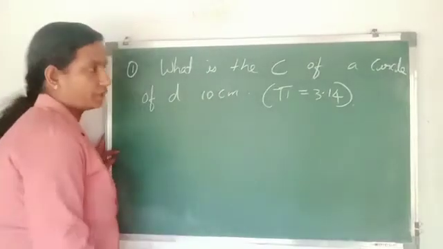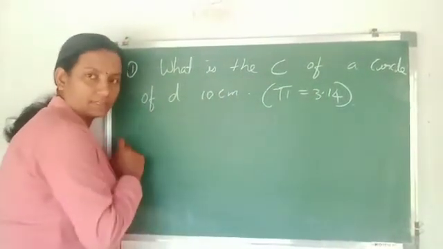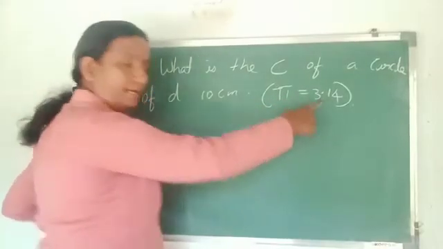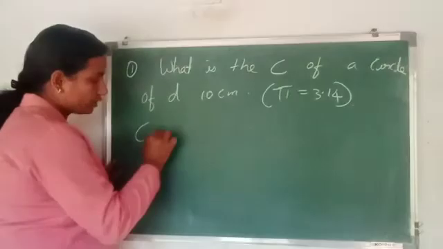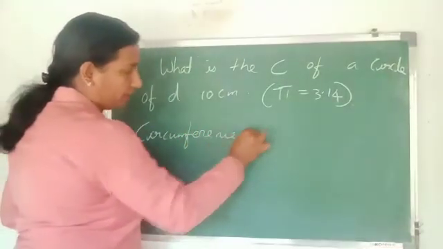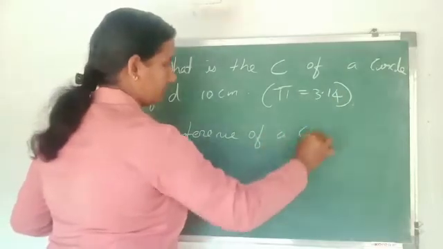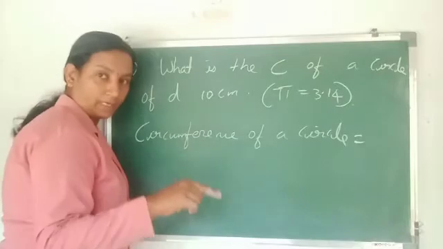Let us solve one question. What is the circumference of a circle of diameter 10 centimeter? Pi is given, it is 3.14. So we know circumference of a circle is equal to pi D or 2 pi r. What is given here?